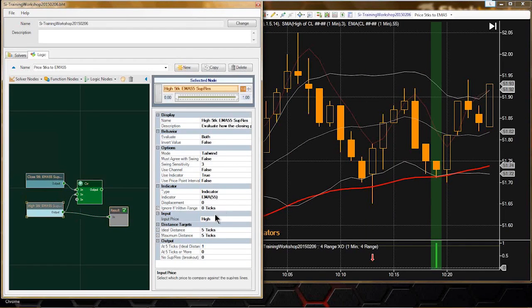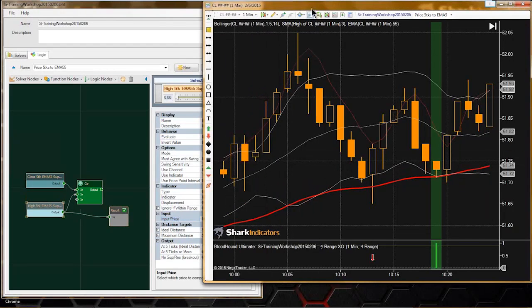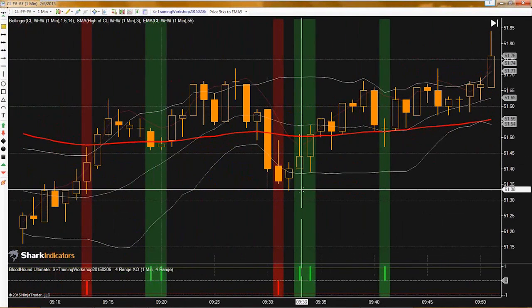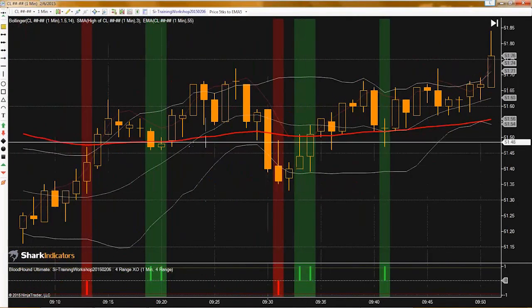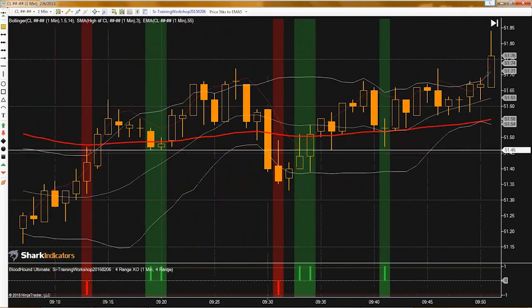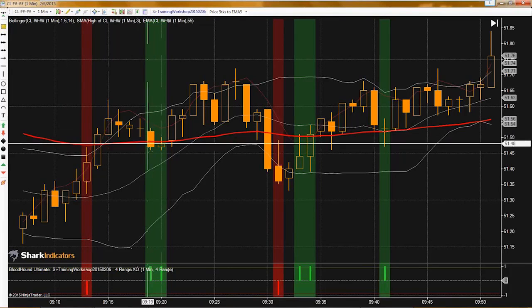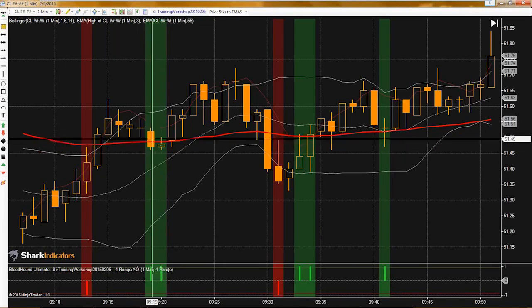So this is the solver that's looking at the high price, and let's see if I can find an example here. Yeah, all right. So if we're looking at the high price, thinking about the practicalness of this, we probably don't want to get long signals out of this.